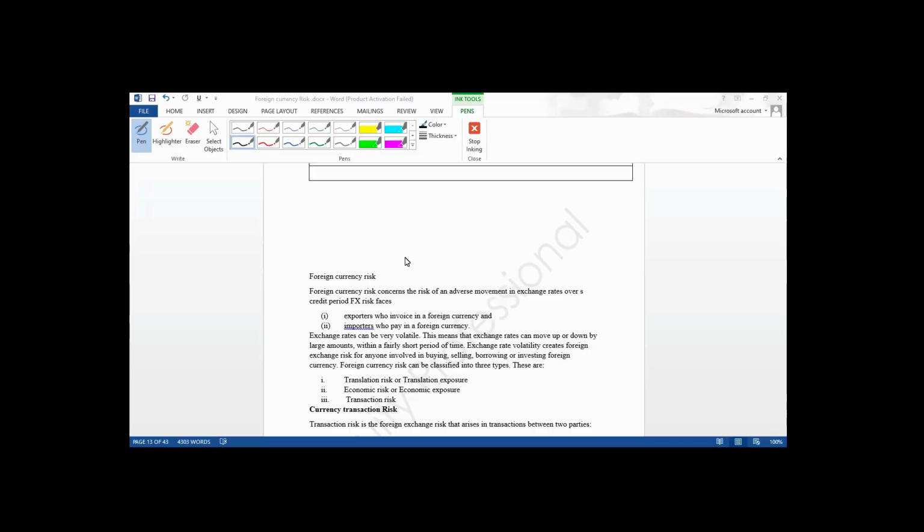Foreign currency risk faces importers who invoice in foreign currency, and exporters who invoice in foreign currency.